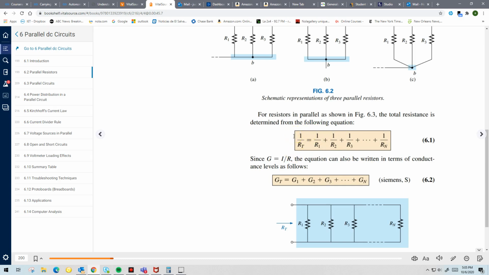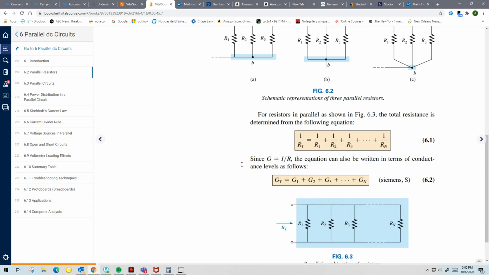Okay, that's the approach, that's the technique. You take the reciprocal of each individual resistance, and then that result, you take the reciprocal again to get the total resistance.